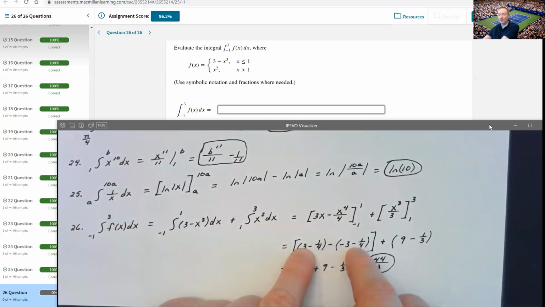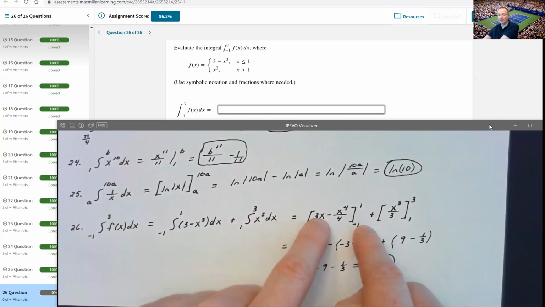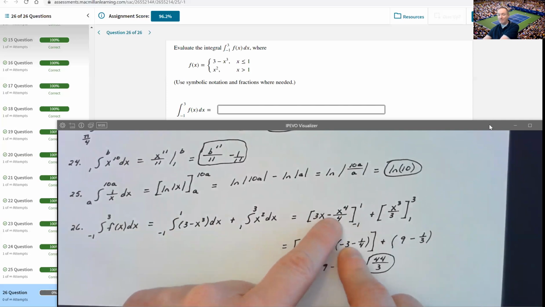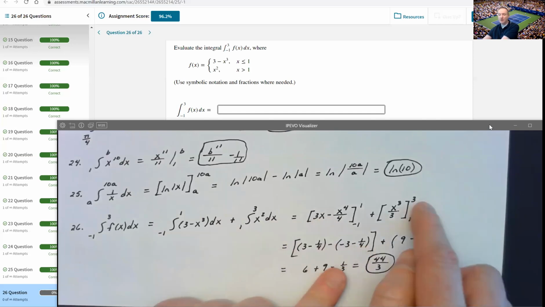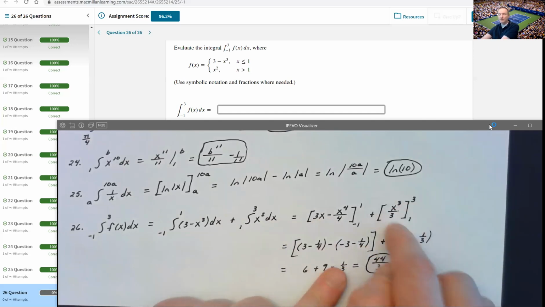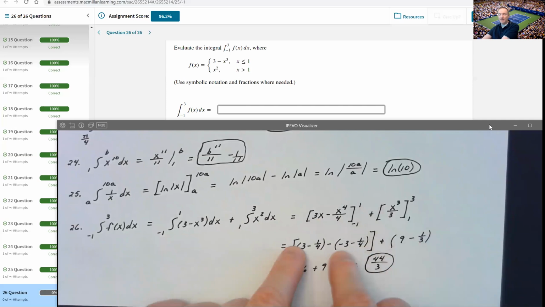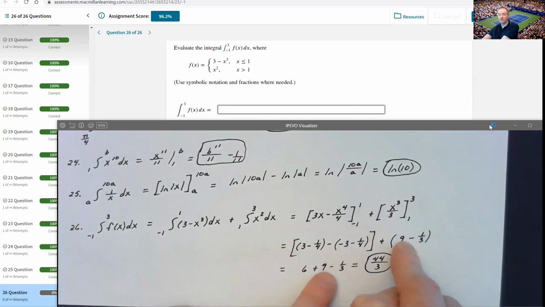Minus, when you evaluate it at the lower limit, you're going to get a -3 for the first term, and you'll still get a minus 1/4 for the second term. That second evaluation, when you plug in a 3, you'll get 27 over 3, which is 9, minus 1 over 3. In the first group, I'll have a 3 plus 3 for 6, and then a plus 9 for 15. I was just getting the whole numbers taken care of.